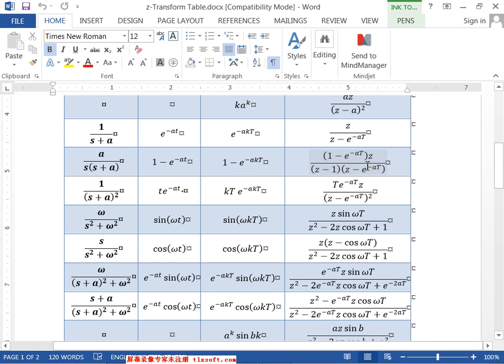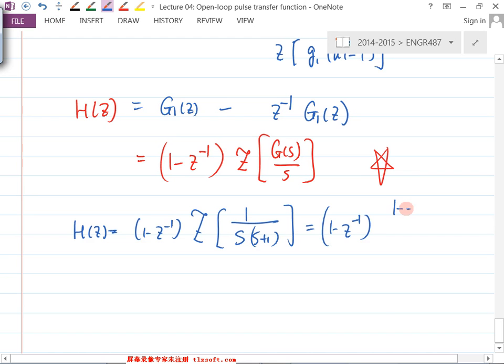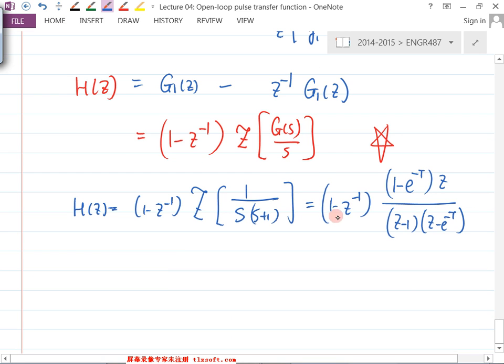So you can always simplify. This 1 minus z to the power of -1, which is this, and times this.